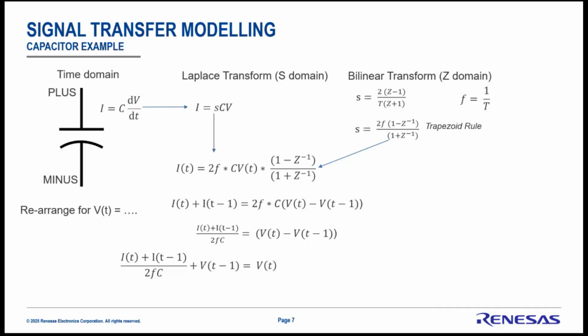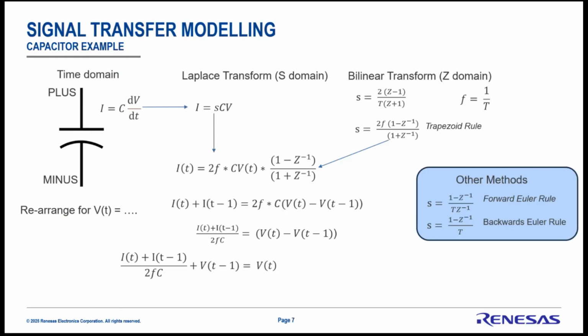What you end up with is an equation at the bottom which takes the current into the cap currently, the current from the previous time step divided by basically the impedance of the cap, plus the old voltage, and that will give you the next voltage on the cap. So you're basically working out how much current has gone in between the last time point and this time point over the impedance of the cap. And therefore you've now got a very simple signal transfer equation.